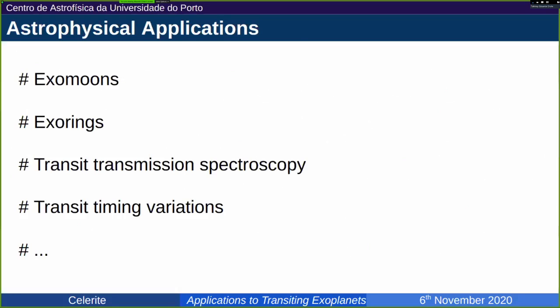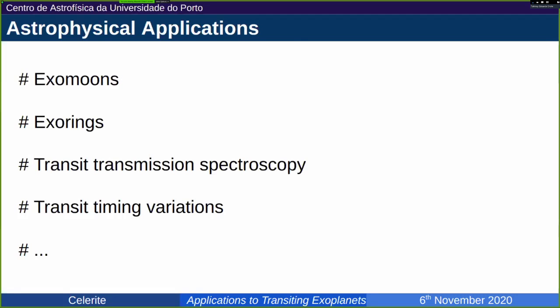Some exciting applications are areas that depend highly on the signal-to-noise ratio, areas where we have just enough to try to characterize some physical phenomena. Exomoons are theorized to exist, but are up to date unconfirmed. One of the main limitations is their size and corresponding shallow transits.